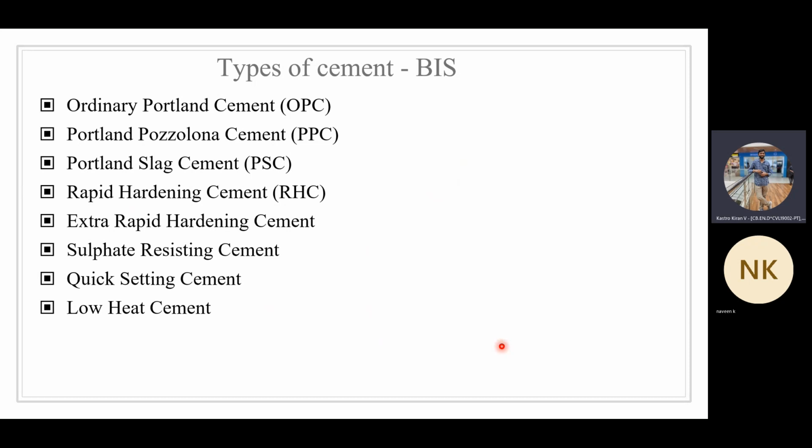Here I have just mentioned the major ones, but we also have other types of cements. Anyway, these are the most important ones we need to focus on: OPC, PPC, PSC, RHC, ERHC, SRC, QSC, and LHC. These are the different types of cements available in the Indian scenario.